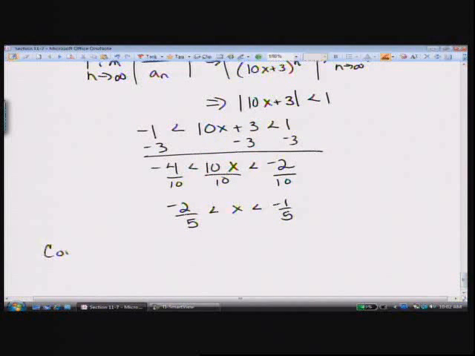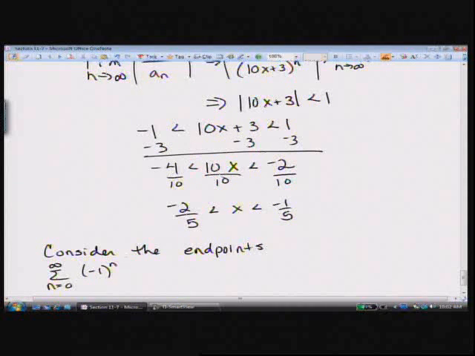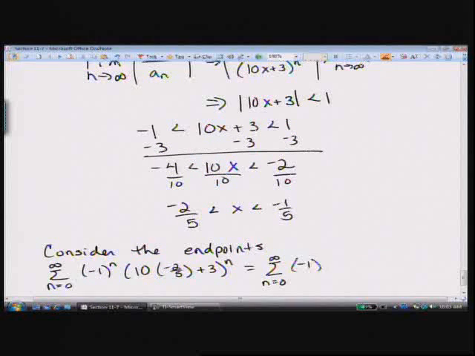So if we consider the endpoints, the series was n goes from 0 to infinity, negative 1 to the n, and then 10x, which was going to be negative 2/5 though, plus 3 to the n. So that's the series n goes from 0 to infinity, negative 1 to the n. All right, this is negative 20/5, and that would be 15/5, right?